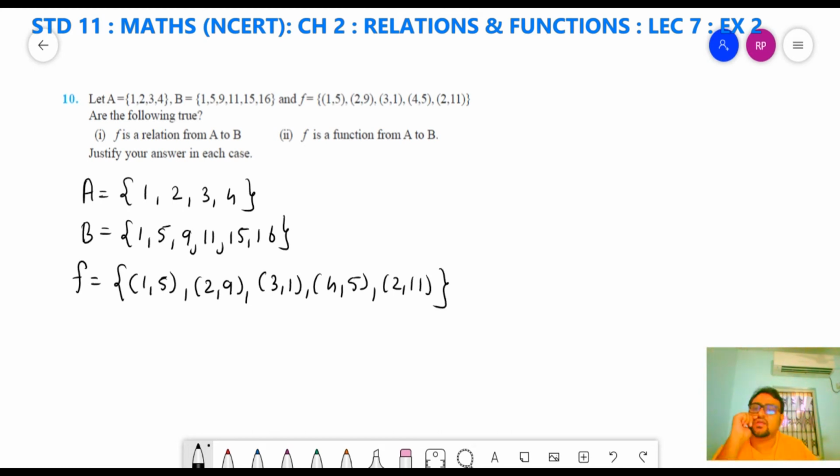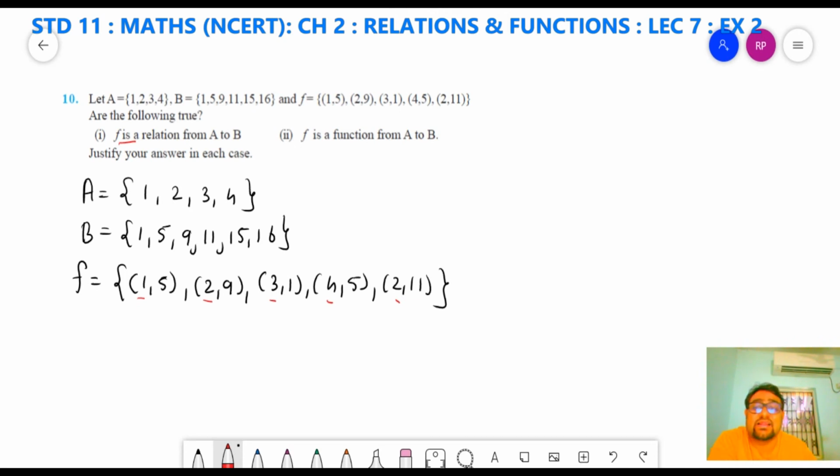Now see, two questions. The first one: is F a relation from A to B? Now see, for a relation from A to B, in the ordered pair the first element must be from A. Clear? So in this ordered pair F, the first elements 1, 2, 3, 4, 2 belong to A, right?